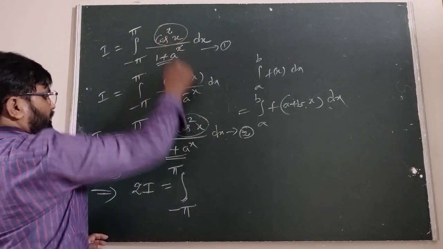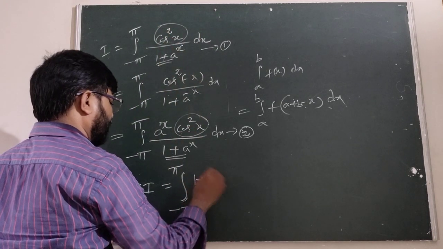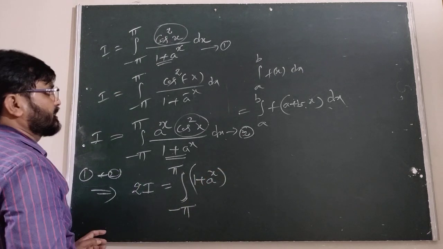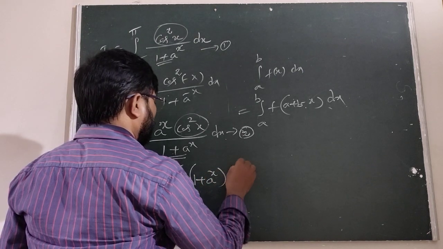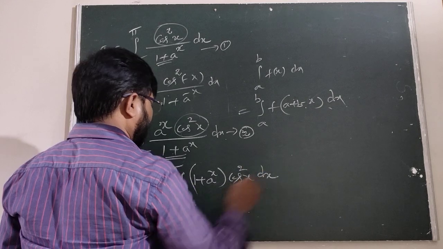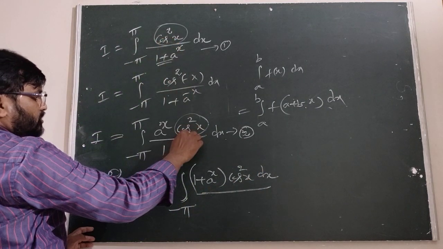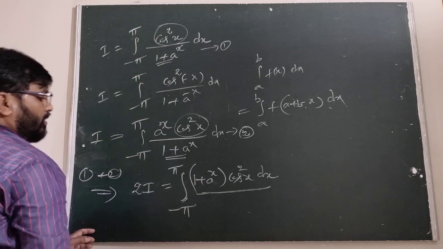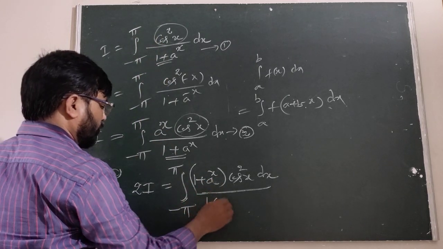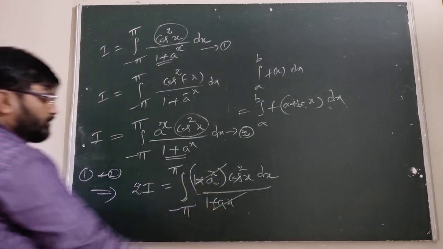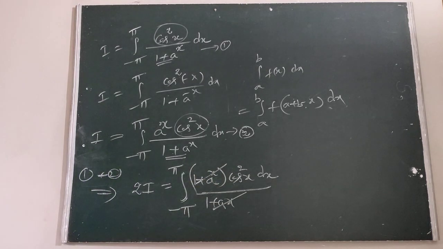The numerator is cos square x times 1. Therefore, we can write 1 plus a power x into cos square of x dx upon 1 plus a power x. Is this clear? Yes or no?